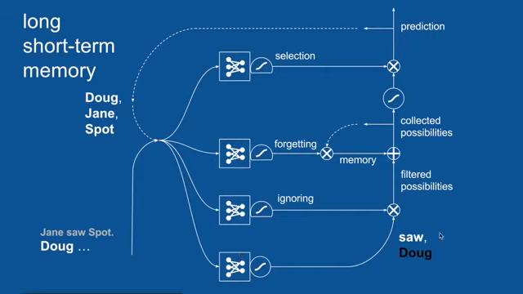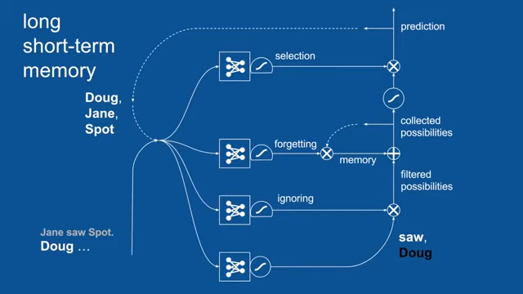So the first one of these makes some predictions. Given that the word Doug just occurred, this has learned that the word saw is a great guess to make for a next word. But it's also learned that having seen the word Doug, it should not see the word Doug again very soon, seeing the word Doug at the beginning of a sentence.